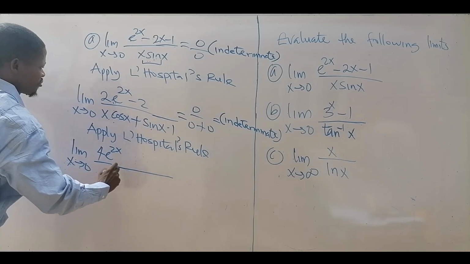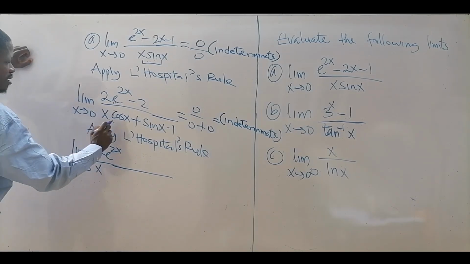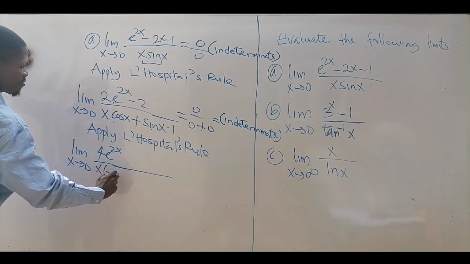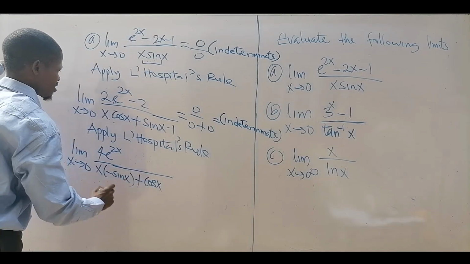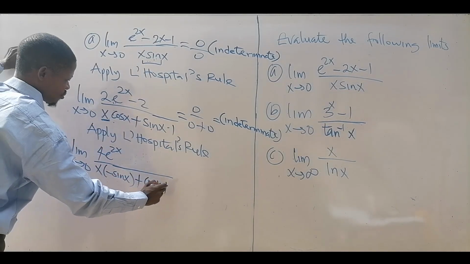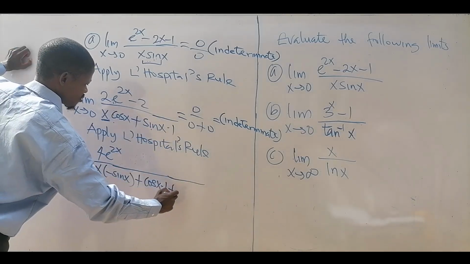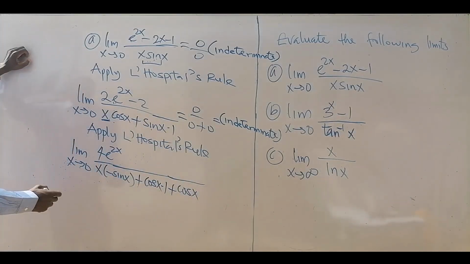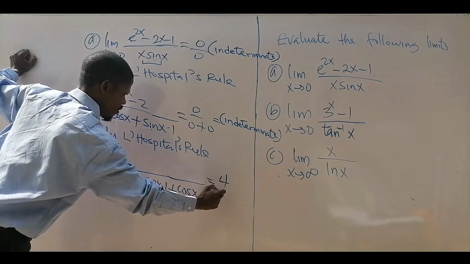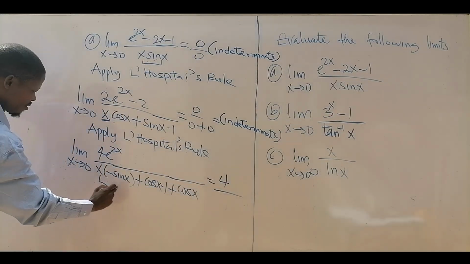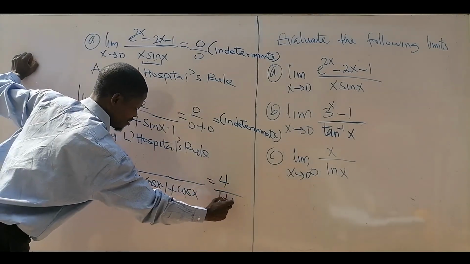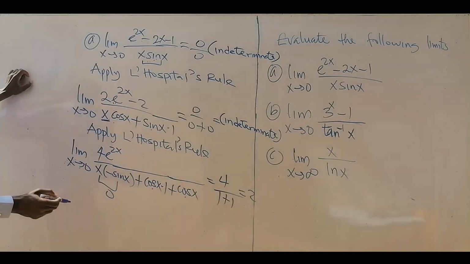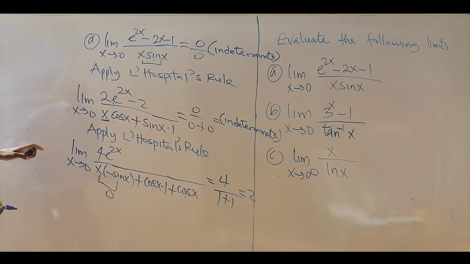Apply the product rule, keep this one constant, differentiate this one, that's minus sine x, then plus cos x constant, and differentiate this one times 1, and then plus cos x. Then after that, do your direct substitution, and that will be 4 on the numerator. This one will be 0. This will be 1. This also will be 1. So you have 2. So that's that on the first part.